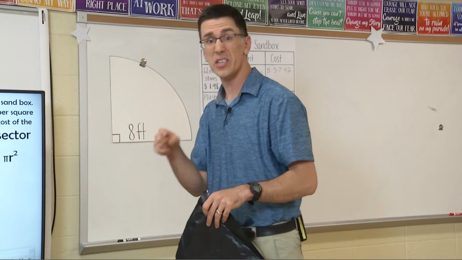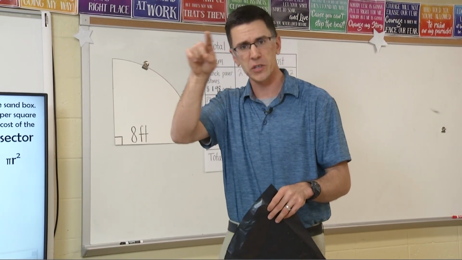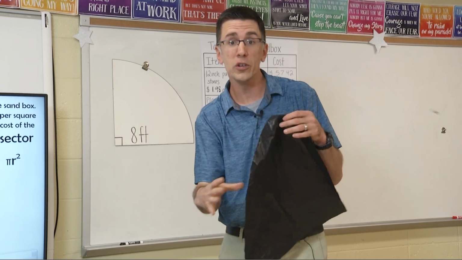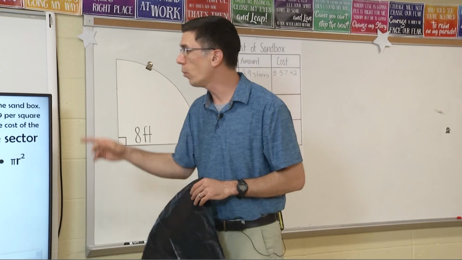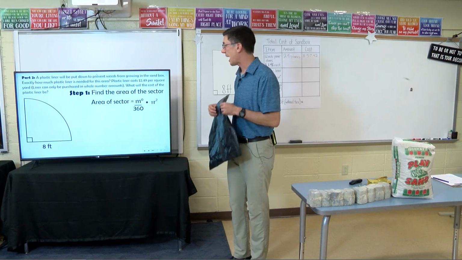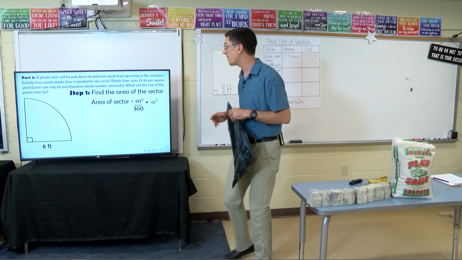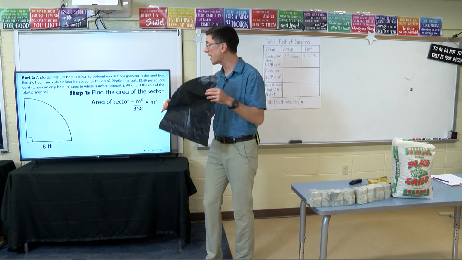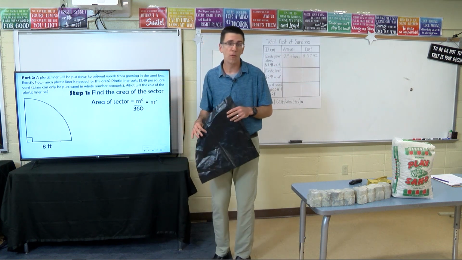Now, what we just dealt with was circumference, the distance around, or perimeter, the distance around a figure. Now we're dealing with area. So we want to figure out how much area is needed for this space, and that liner can only be purchased in whole number amounts. What is the cost of the plastic liner?